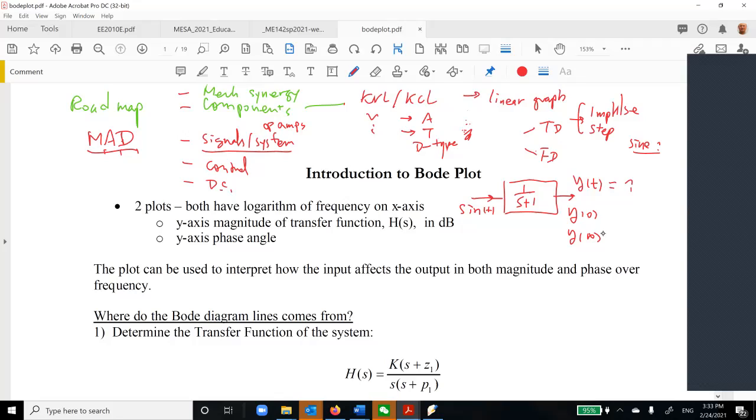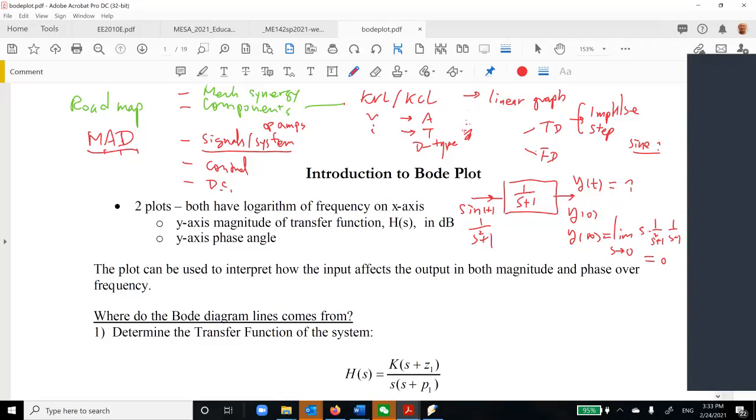Let's assume that y infinity is the limit as s goes to 0, right? So you have s times, this one is s squared plus 1, so you have s squared plus 1, s plus 1. You send everything to 0.